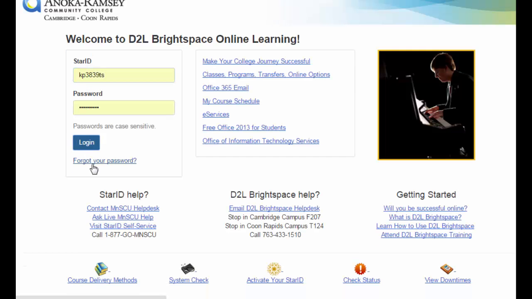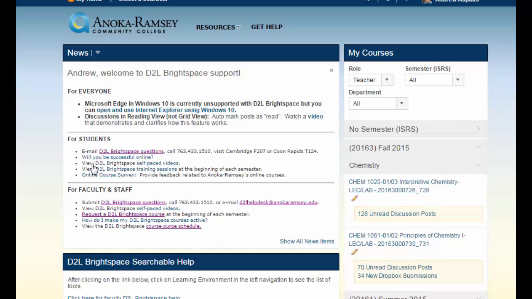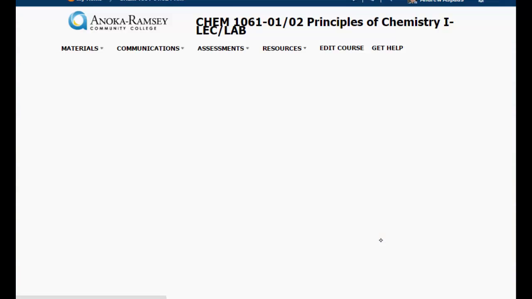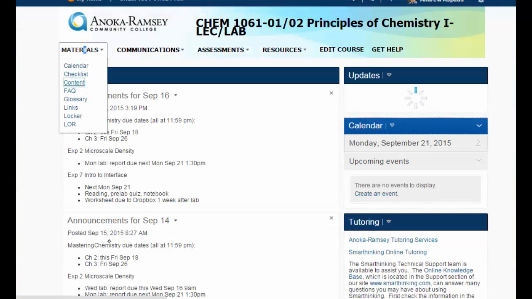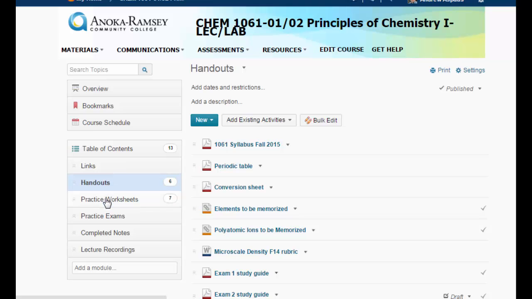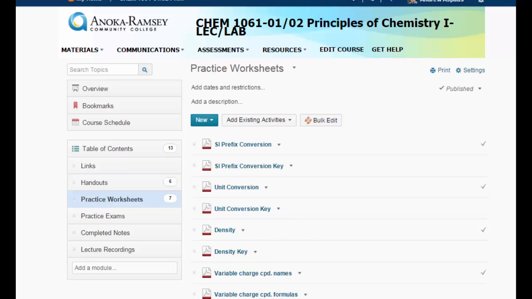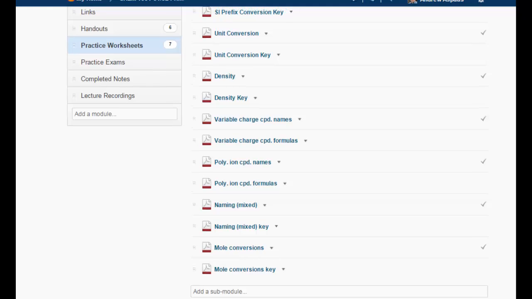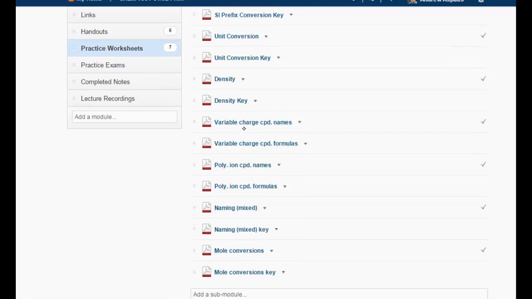What I want to show you in D2L here, if it ever comes up: a couple things. Content. Practice worksheets. Several that involve naming. Variable charge compound names, variable charge compound formulas. Those two are pairs of each other.